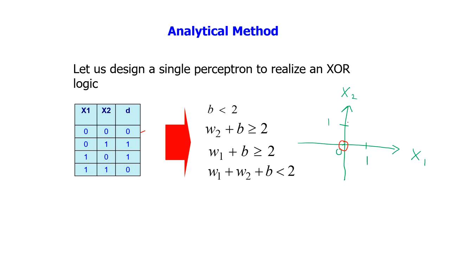I just put an x to represent 1. The third sample, x1 is 1 and x2 is 0. This is the final sample, 1, 1, which equals 0.